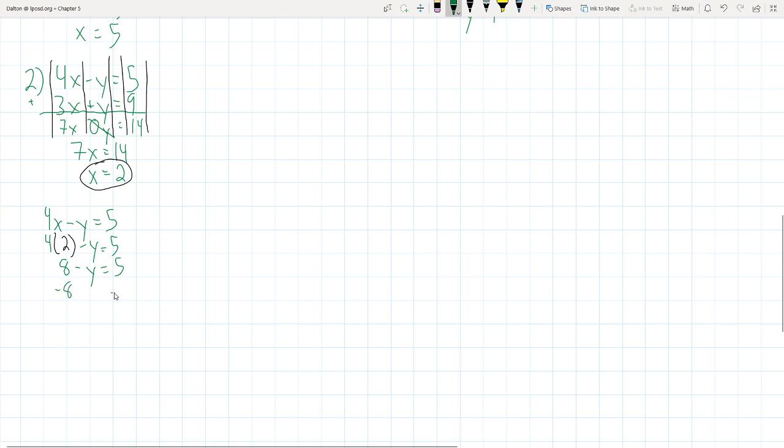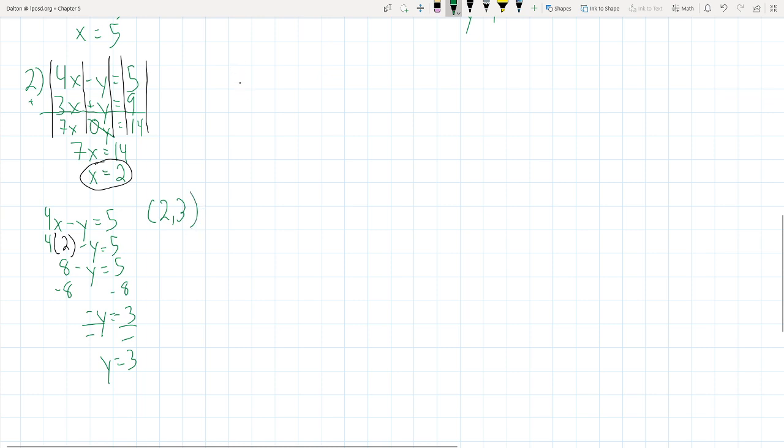Subtract 8, I get negative y equals negative 3. Remember, you need to get rid of this negative, so we're going to divide both sides by negative 1. We get y equals 3. So my answer should be 2, 3.